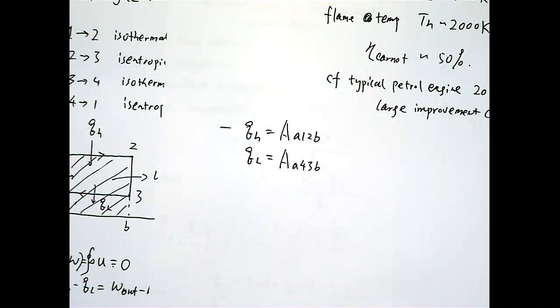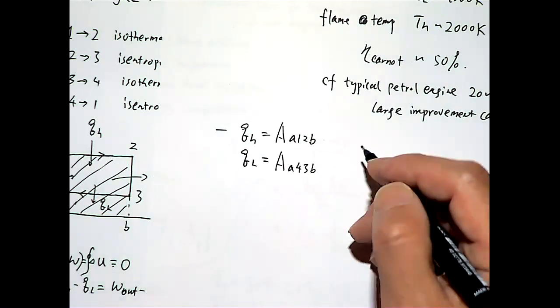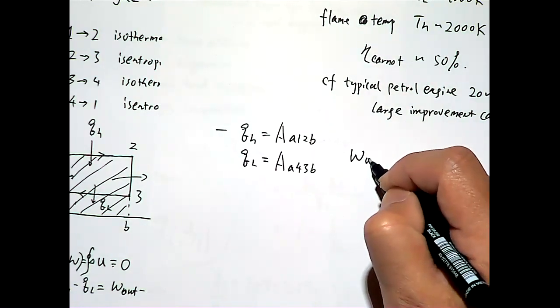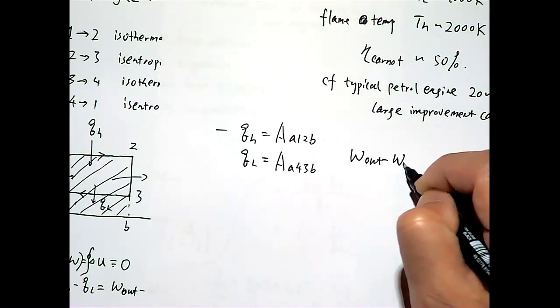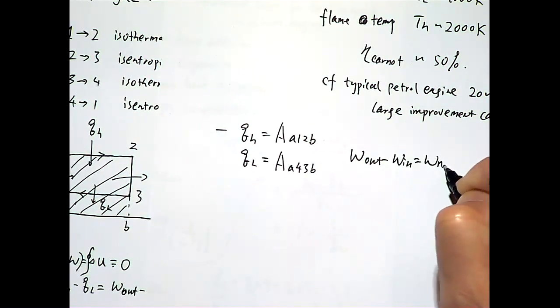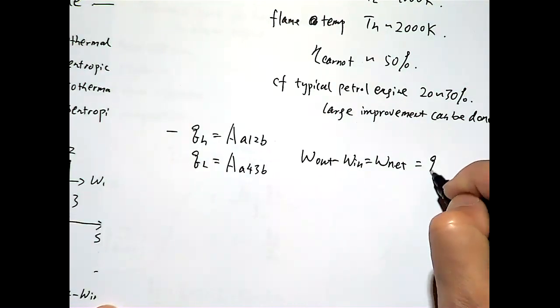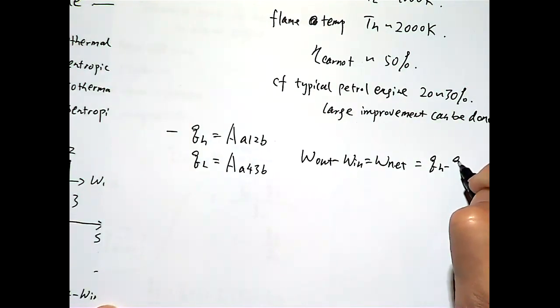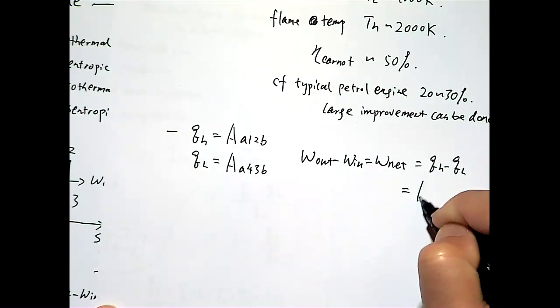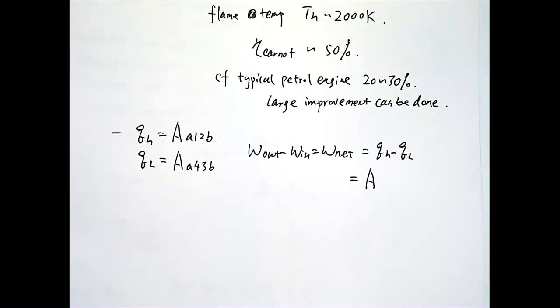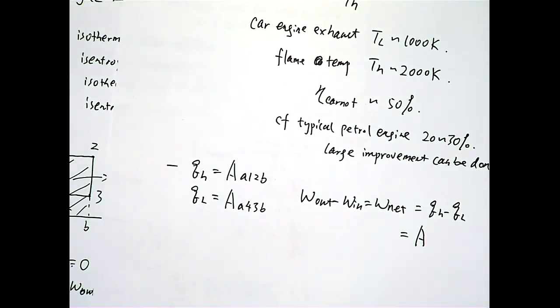The difference between these two? Yes. So minus W in equals the net work, which equals QH minus QL, which equals the area enclosed by this box: the area of 1, 2, 3, and 4.